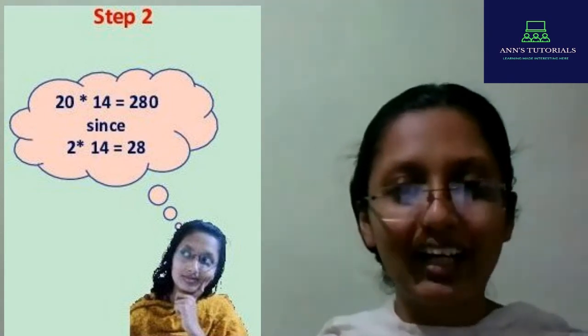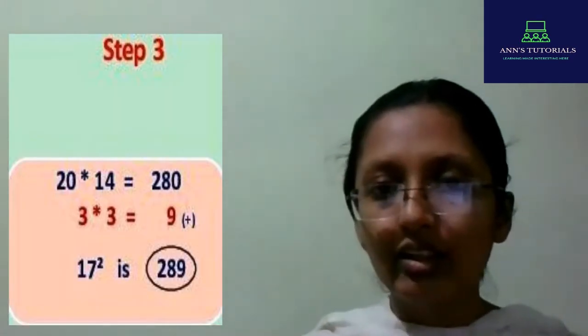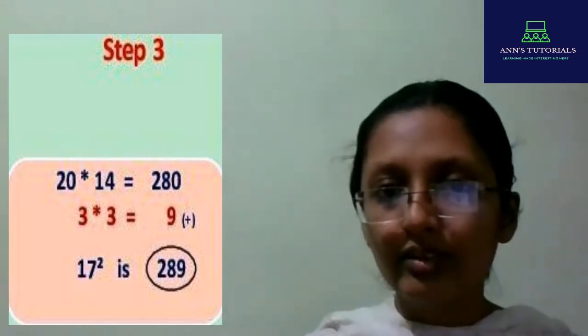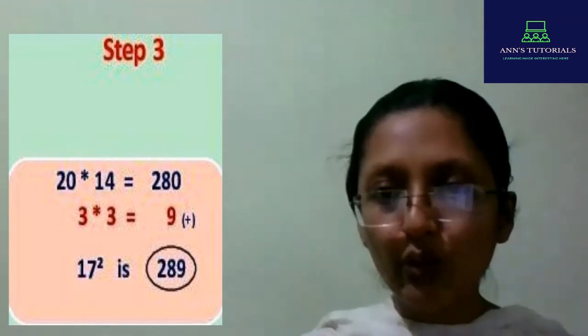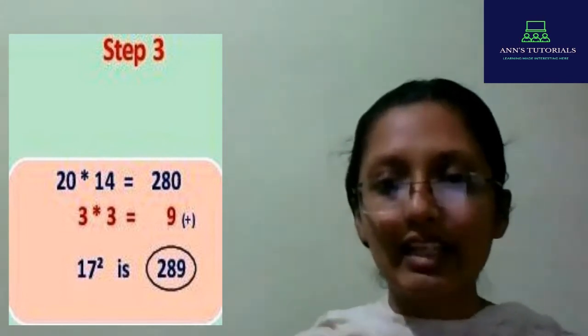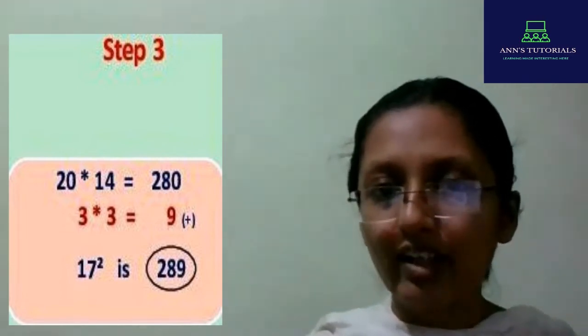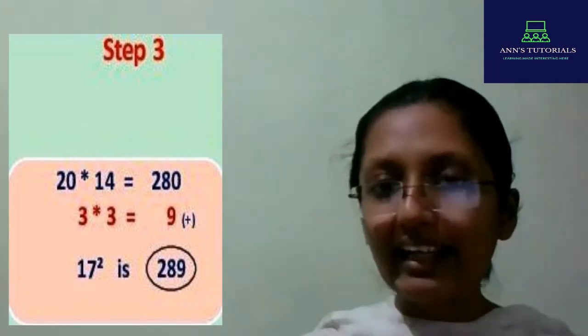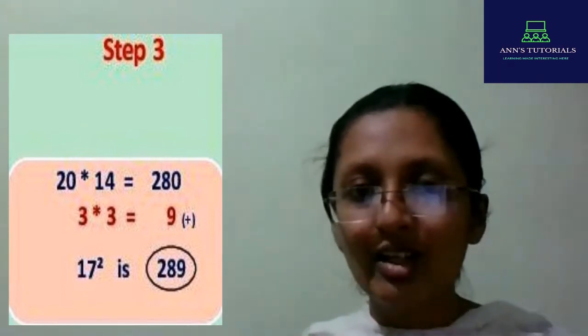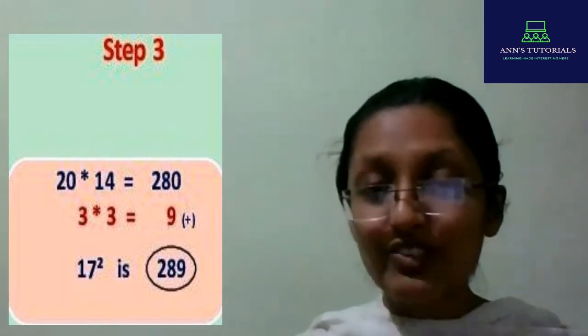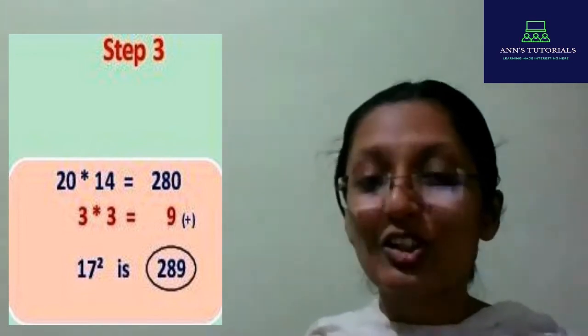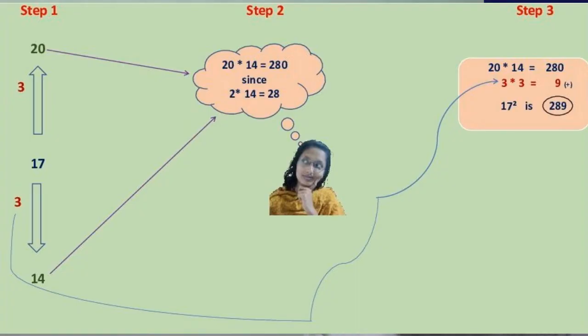So this is the idea behind the short trick. Now, in step 3, we will be adding 280 with the square of the number that we used for moving up and down from 17. The square of 3 is 9. And on adding 280 plus 9, we get the answer of 17 square. That is 289. Easy, right?